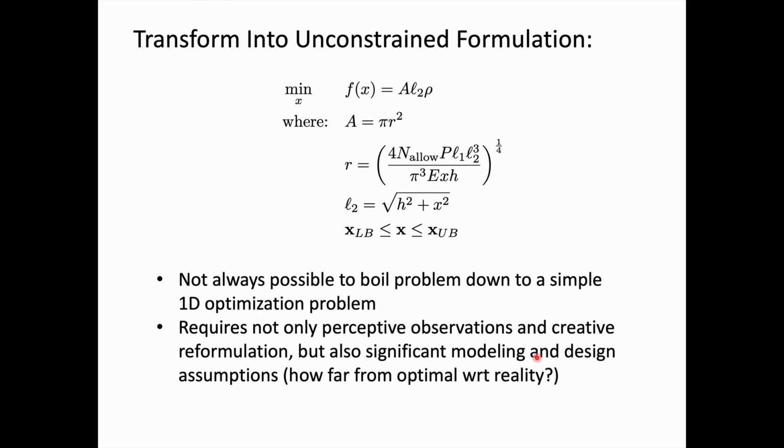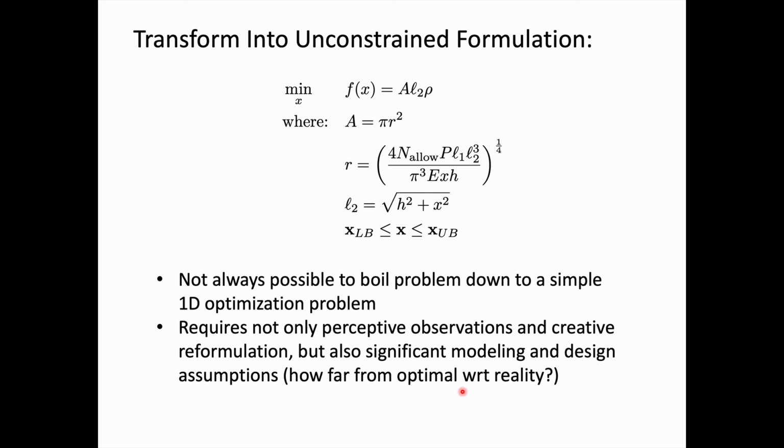With these simplifying assumptions, we should be asking this question: how far from reality is the optimal design going to be? Or thinking back to the problem formulation decision space, how far away from the origin, the ideal formulation, are we? This may be a good starting point for a structural optimization problem, but we probably will want to improve it if it's something that's going to be informing an actual engineering design.